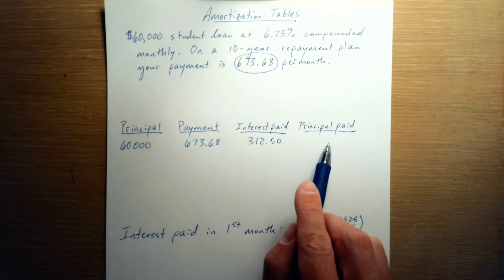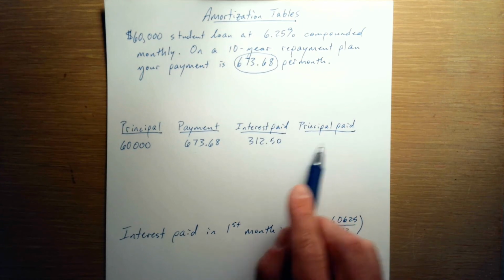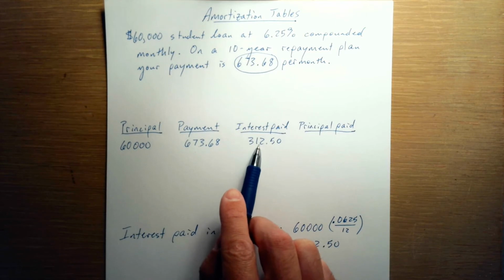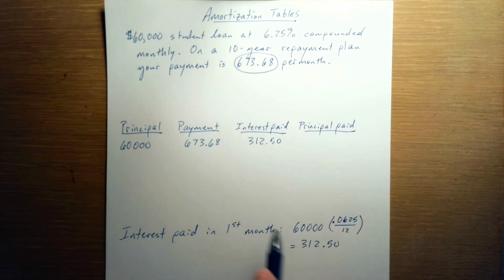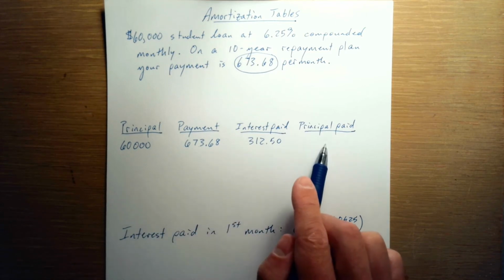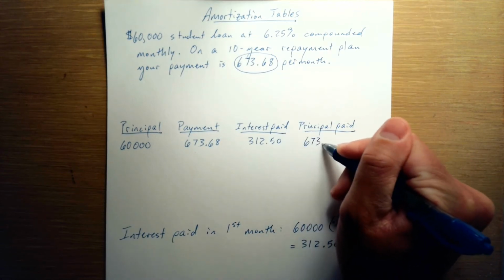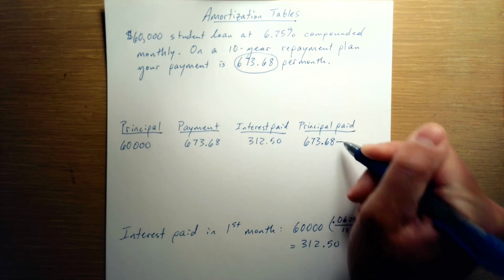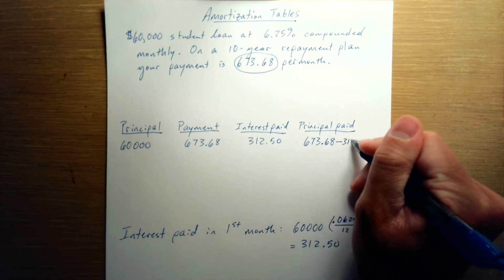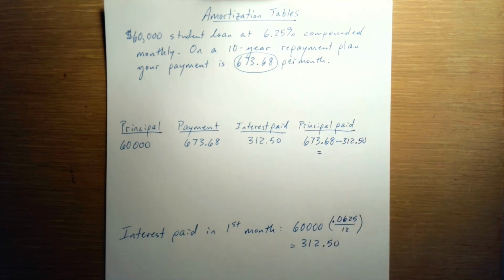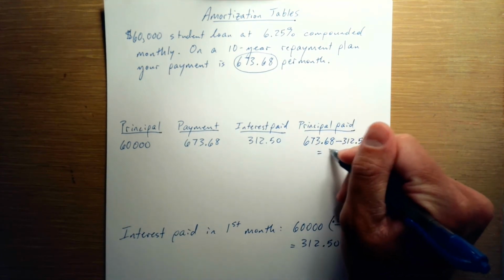Therefore, the amount that goes toward principal is just the difference between these two. It's your payment, and then you take the interest out, and whatever is left goes toward principal. So here, I would take 673.68, and I would subtract 312.50. And whatever I get for this, that's the principal that I paid. So that turns out to be $361.18.